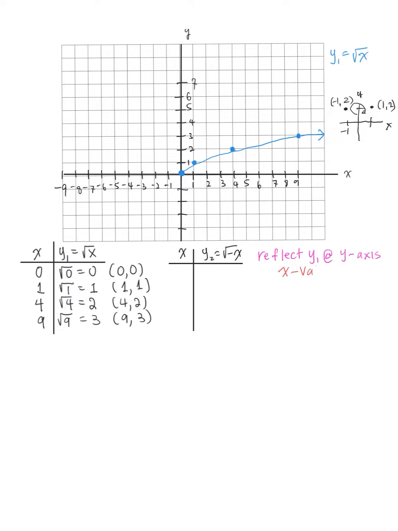So here, our x values are going to change, and the y values stay the same, which means that we're going to have to work it a little bit. Okay, so we need to keep the same values for y. So I need to keep here 0, 1, 2, and a 3.